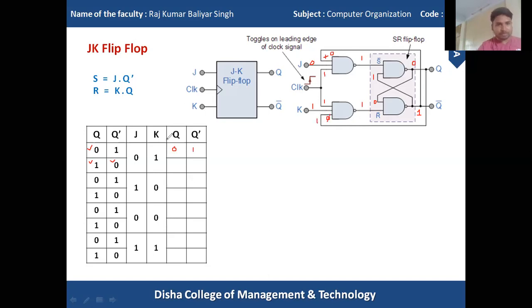Because I'm just taking q equals 1 and q naught equals 0, with the same input values of j and k. I will not change the values of j and k. So let me check what is the output. This 0 0 1, the value is 1, right? This 1 1 1, the value is 0.